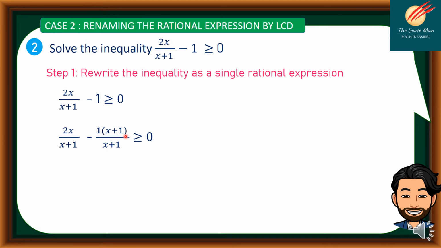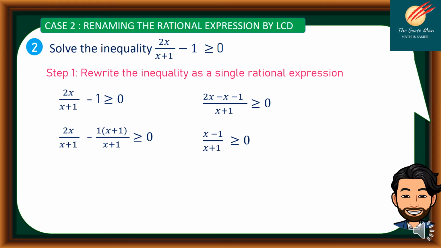Again, it can be simplified because I can combine the same denominators. In the numerator, I'll distribute: negative 1 times x is negative x, and negative 1 times positive 1 is negative 1. Then simplify: 2x minus x is equal to x, so we have x minus 1 all over x plus 1 is greater than or equal to 0.